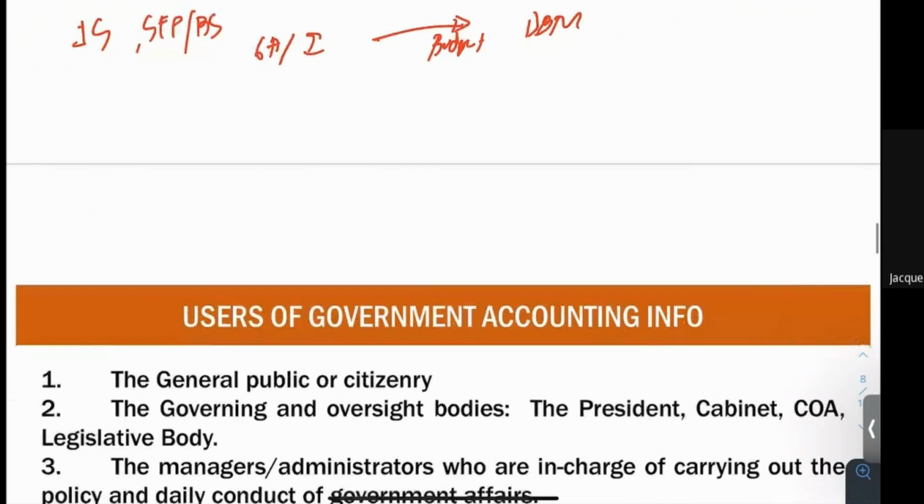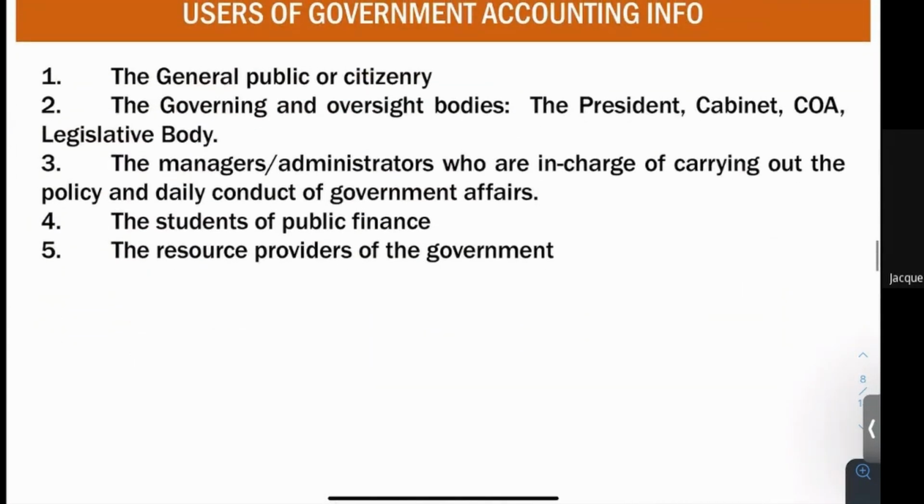Now we look into the users of government accounting info. So who are the users of government accounting info? The first one is the general public or citizenry. Why? Because we are considered the owners of the government. Being the owners of the government, we must really look into the financial condition of our government. We look whether we are still in the going concern, are we leveraged, or are we going into bankruptcy or liquidation?